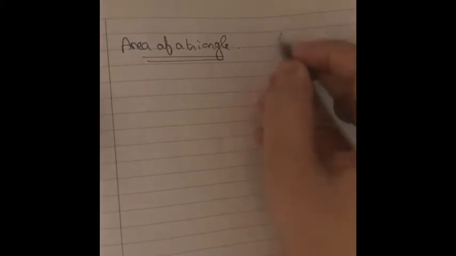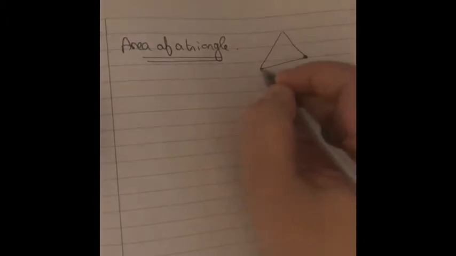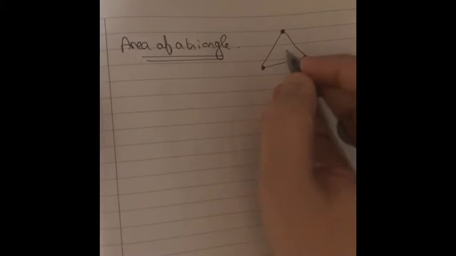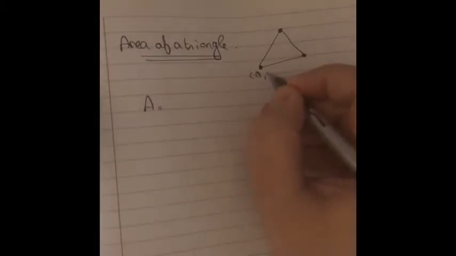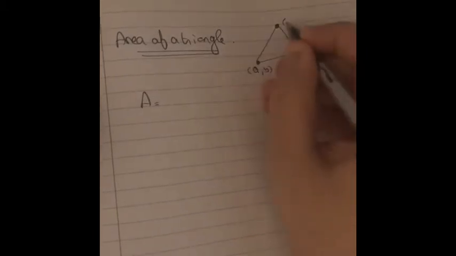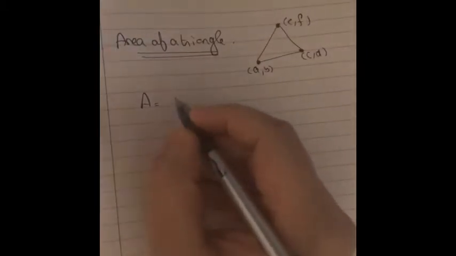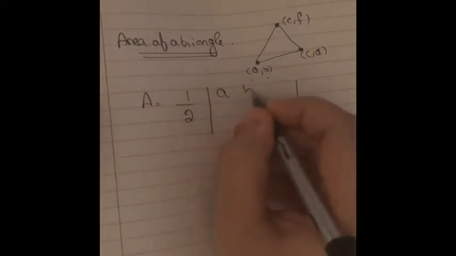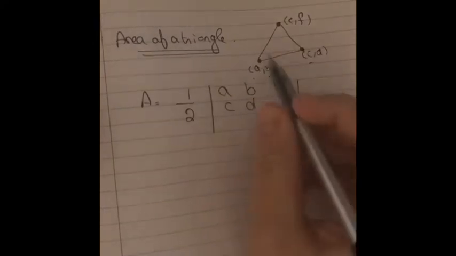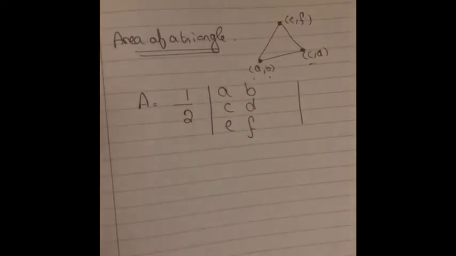In this lesson also there is a rule that helps you get the area of a triangle if you have only the 3 coordinate vertices. If you have the 3 vertices and you don't know the length, okay, let's say this is AB and this is CD and this is EF, whatever the numbers, the area is half, and then I'm going to put AB and then put CD and then use EF, for example.